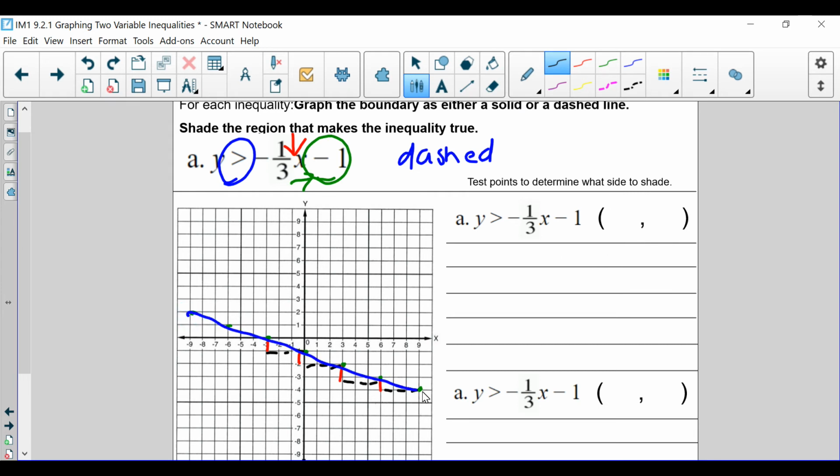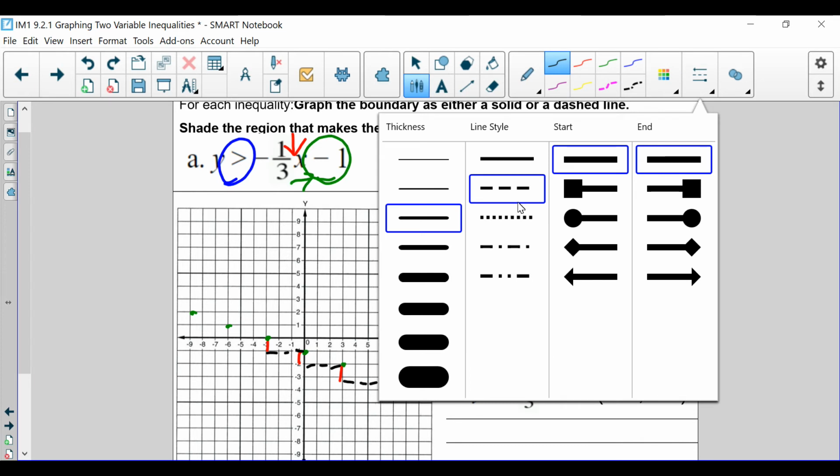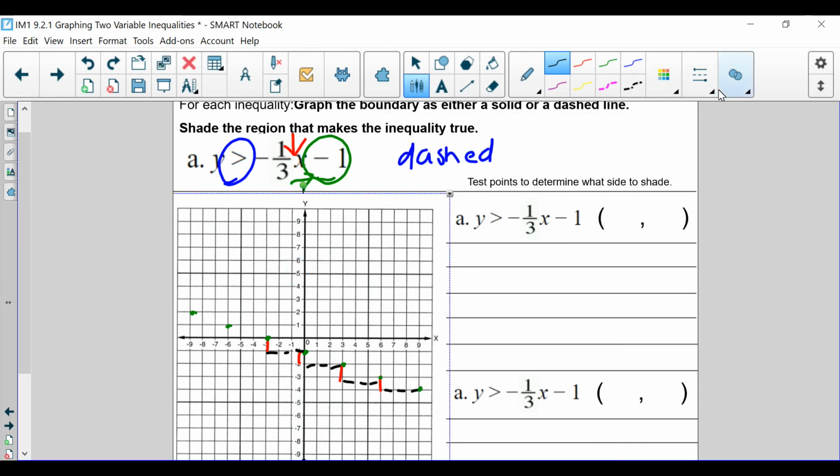Not solid, I want to do dashed. Let's see if this will work. There we go. A dashed line like that, except I didn't do that very well. Okay, so it has a dashed line that looks like that.